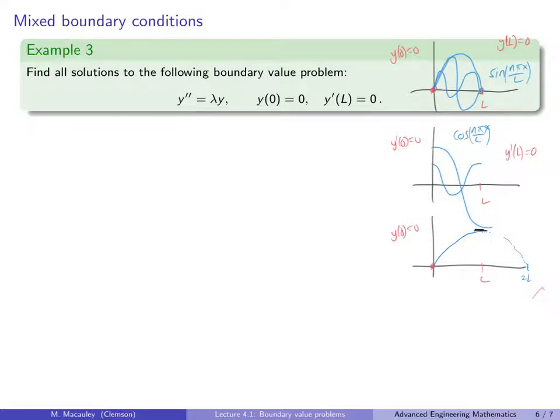There might be, for example, another one that if we complete this, you can see where it looks like that. So these are sine waves, but they have different periods. So the period of this most basic sine of pi x over L is going to be 2L, right? Because it would go out to here, 2L. However, the period of this one is going to be, it comes down after 2L, it's going to be 4L.